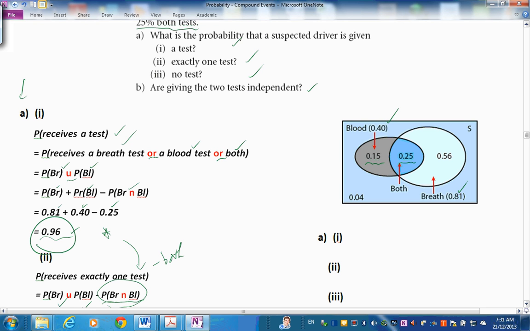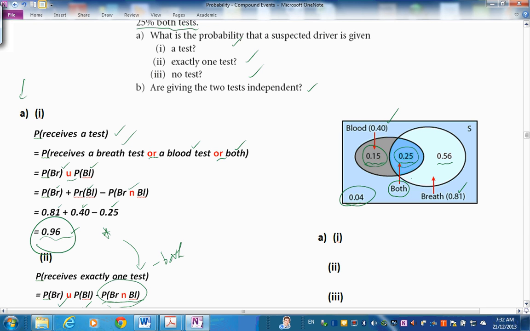And the breath was 0.81, but both was 0.25, so take that away. 0.56 is the probability of having just breath, both 0.25, and just blood 0.15, and 0.04 weren't tested at all.